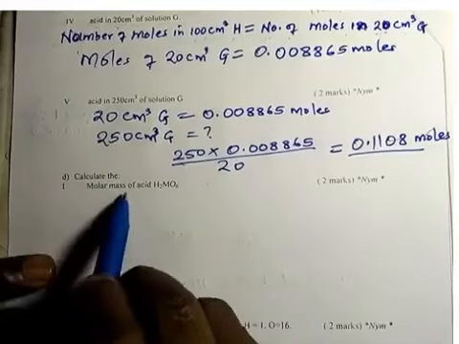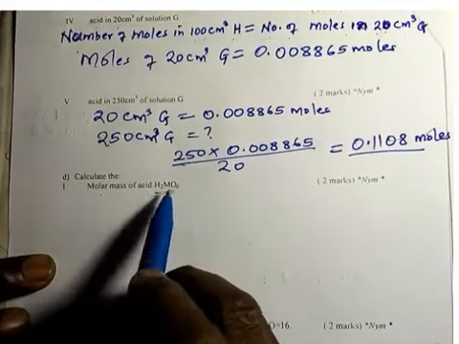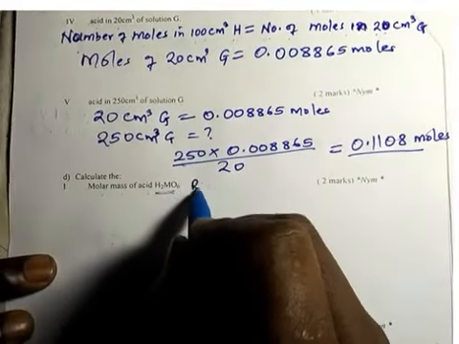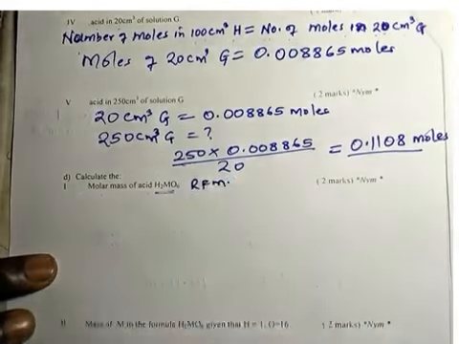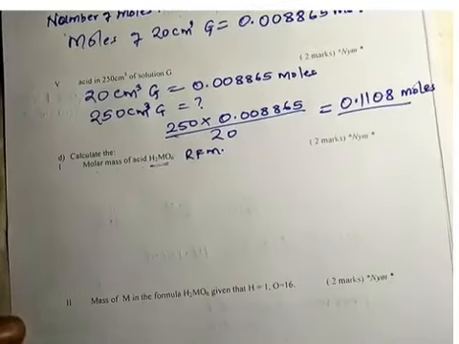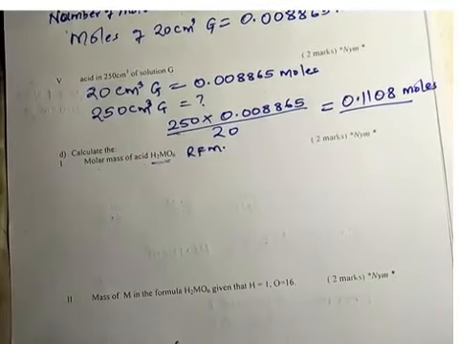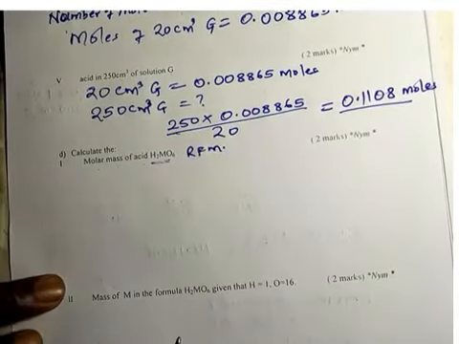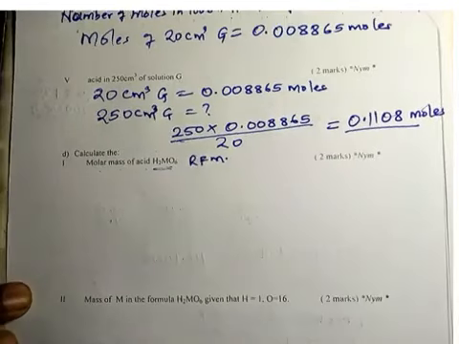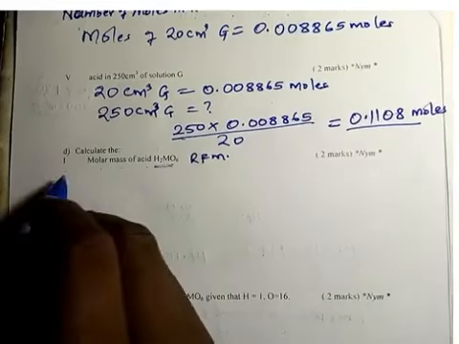Calculate the molar mass of acid. Molar mass is the same as RFM. So there are two ways we can do this. We can use method 1.